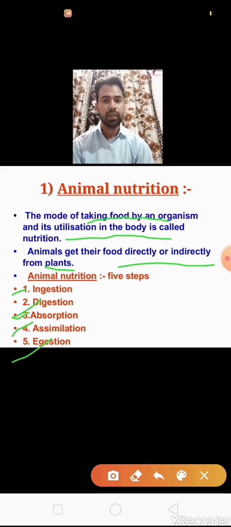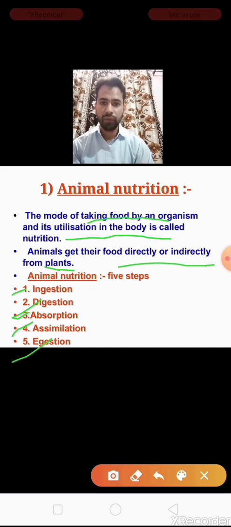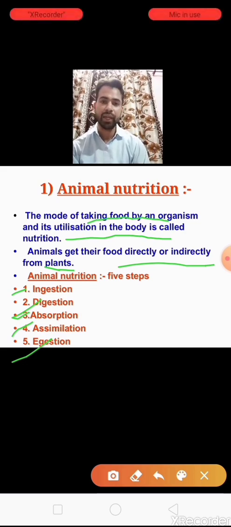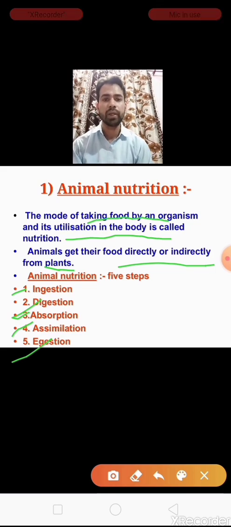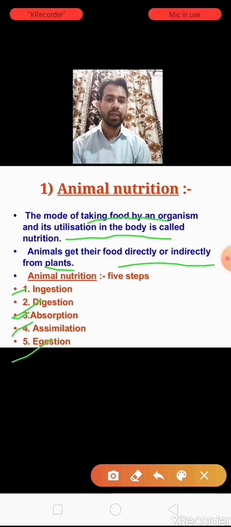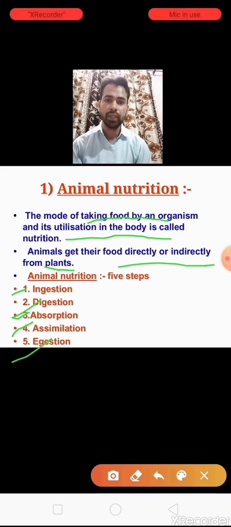Clear? I repeat once again, in ingestion the food is taken, in digestion the food that we have taken is broken down into simpler substances. In absorption, these simple substances are absorbed into the small intestine.